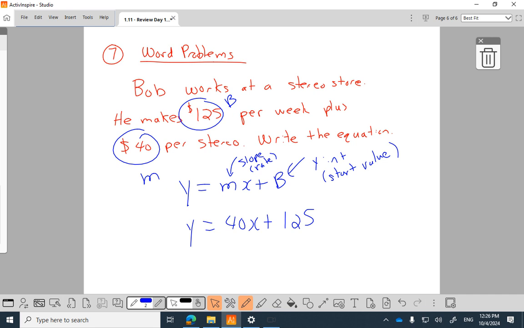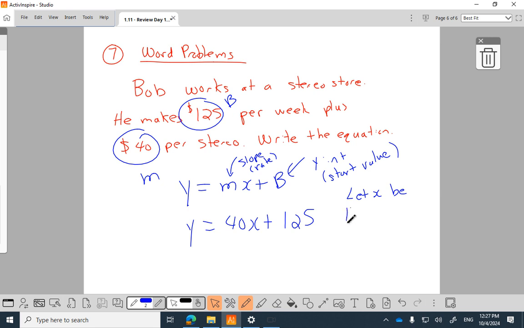Well, we should state what these variables are. Let x be, what does x represent in this question? What am I going to use to figure out what I'm going to make? Like at the end of the week when I'm going, how did I do this week? What am I going to look back at to know about the situation so I can figure out how much I make? What decides how much I make this week? Yeah, right, what I sold.